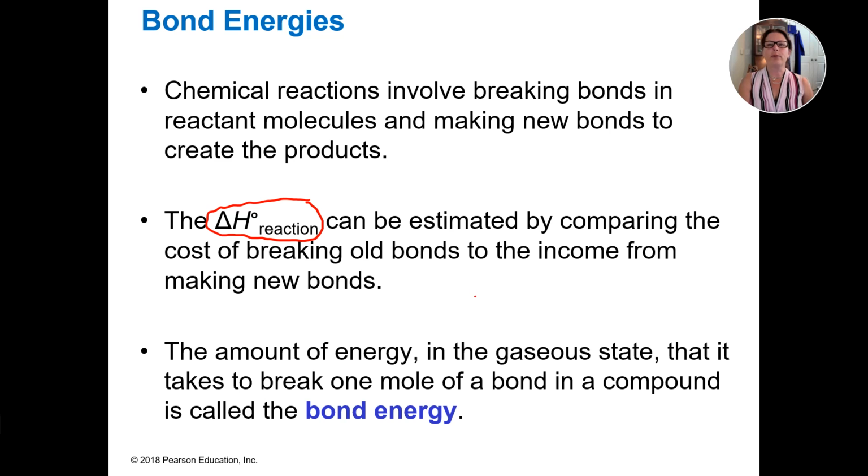So when we break bonds, we have to put energy or heat into the compound to break the bond. And likewise, when we form a bond, energy is released. Okay? So when we put energy in, that's endothermic.